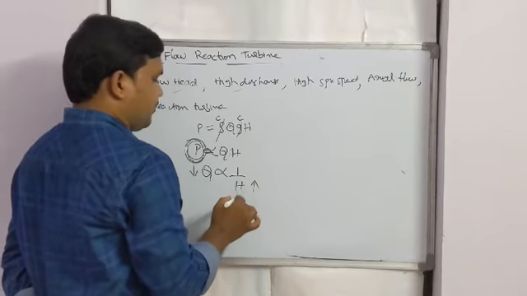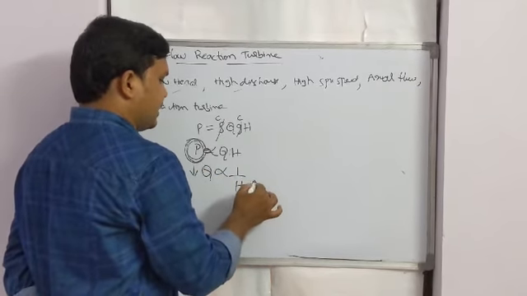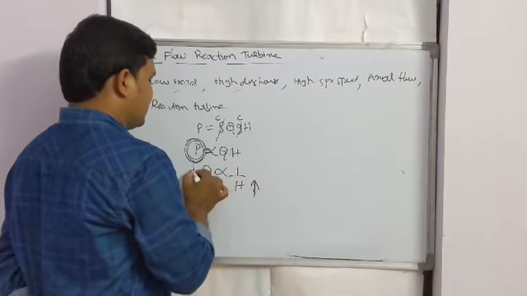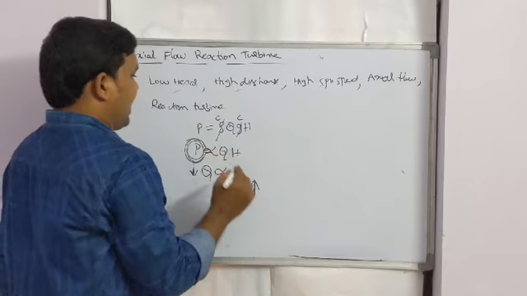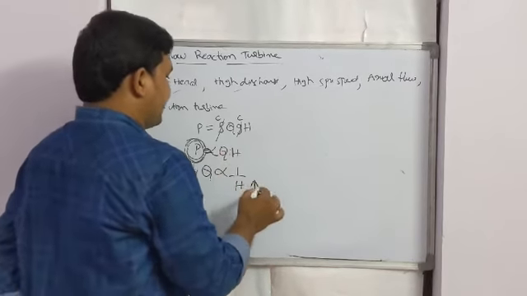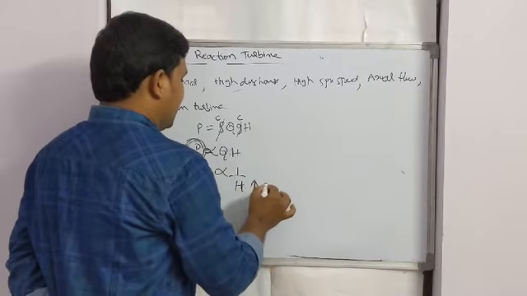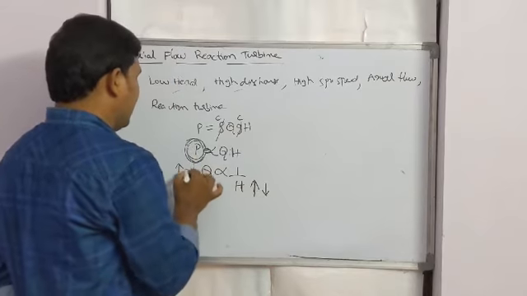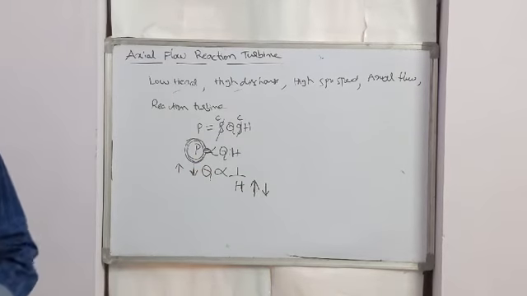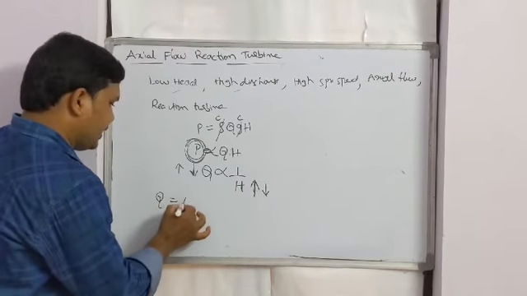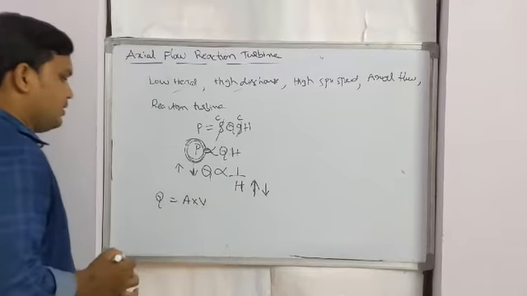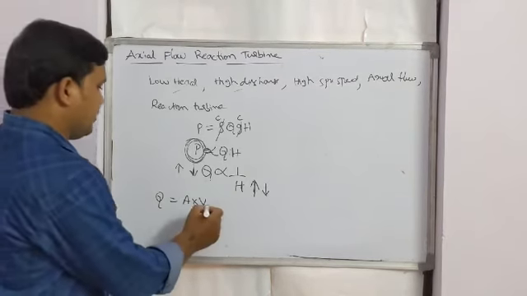That's why in a Pelton wheel turbine, the available head is very high, so it is a low discharge turbine. But the axial flow turbine or Kaplan turbine is a low head turbine, which means we require a high discharge. We know that discharge Q is equal to area into velocity, and the velocity we call the flow velocity.